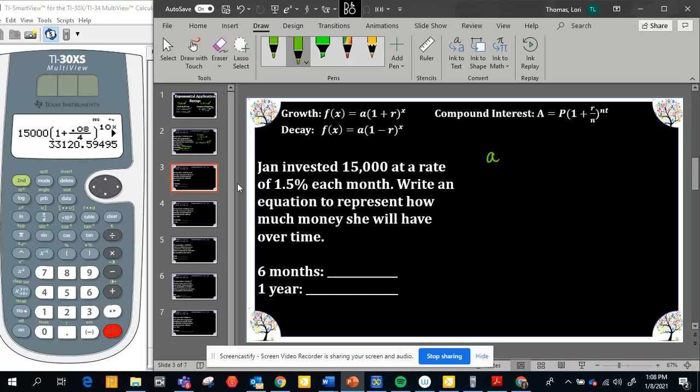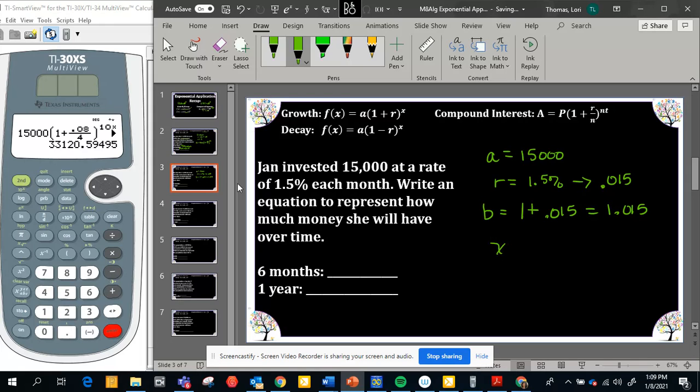So our A is 15,000, the initial amount. Our R is 1.5%. We're going to write that as a decimal, 0.015. And the B value is going to be 1 plus the rate, so this is going to be 1.015.